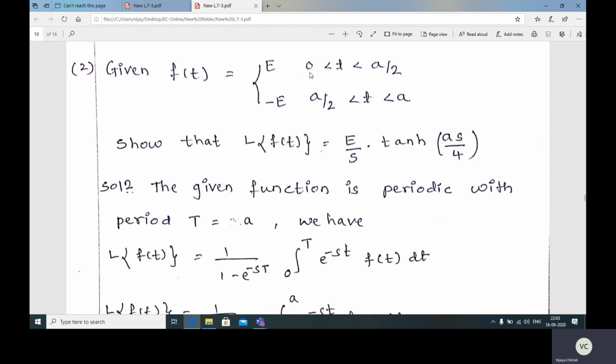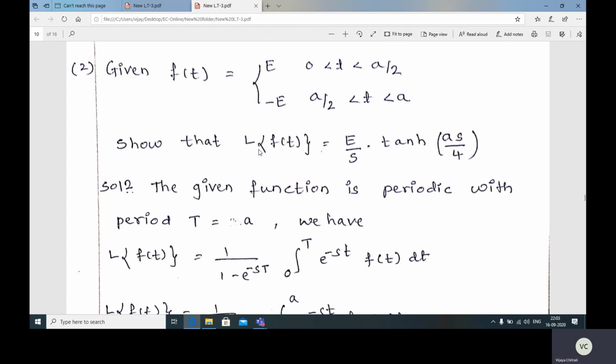Means interval 0 to a by 2, your function is capital E. A by 2 to a, your function is minus of capital E, right? Show that L of f of t, or Laplace transform of f of t, is equal to E by s tan hyperbolic as divided by 4.